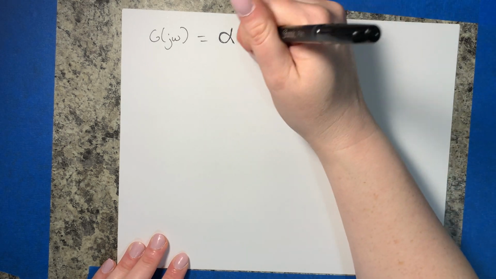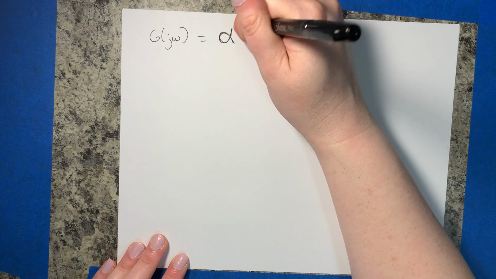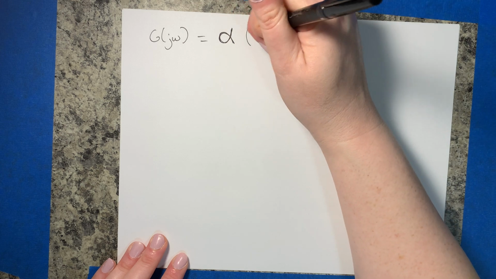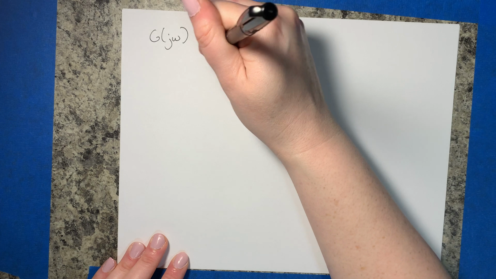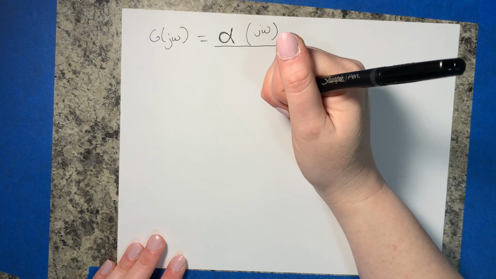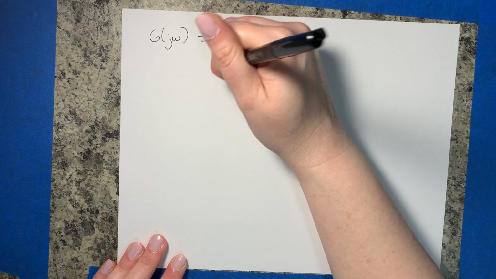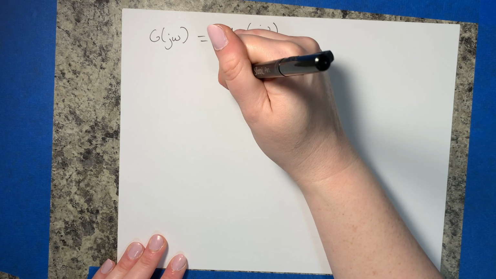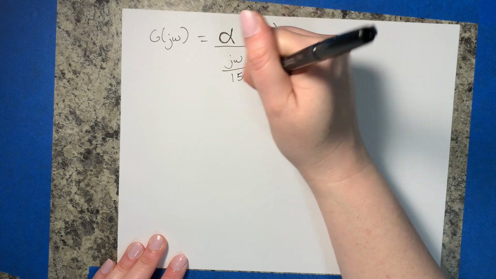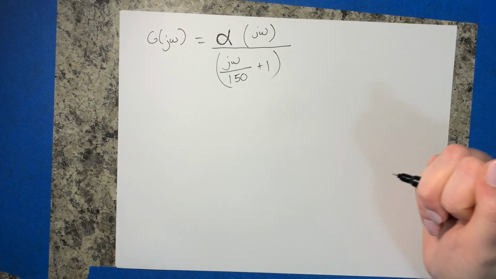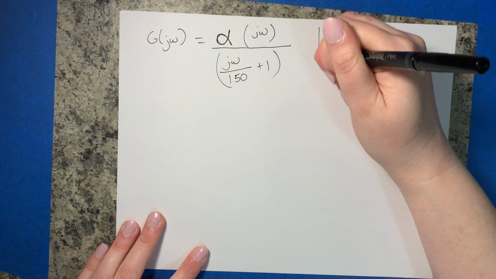But alpha is our constant, and then we have a 0 at the origin, j omega, and then I'm going to have a pole at, let's say, 150. So these are very spaced out. This is a more simple example.